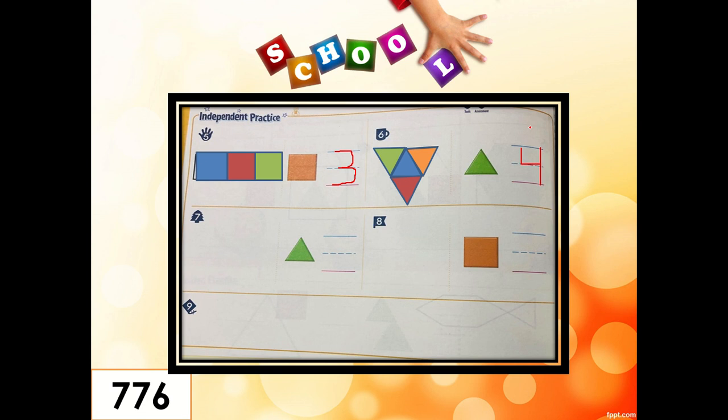For number 7 and 8, we will use the pattern block shown here to create another 2D shape. And then, we will write the number of pattern blocks that we used. Let's have number 7. 1, 2, 3, 4. Okay, how many pattern blocks? 4.